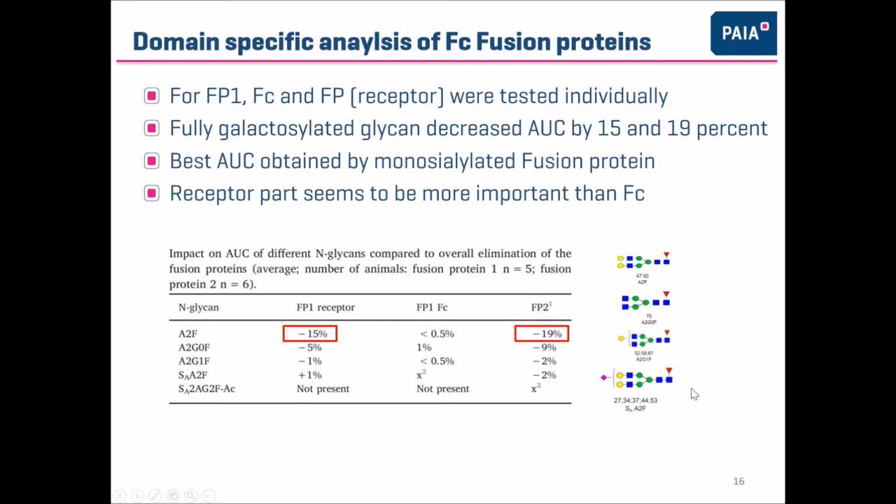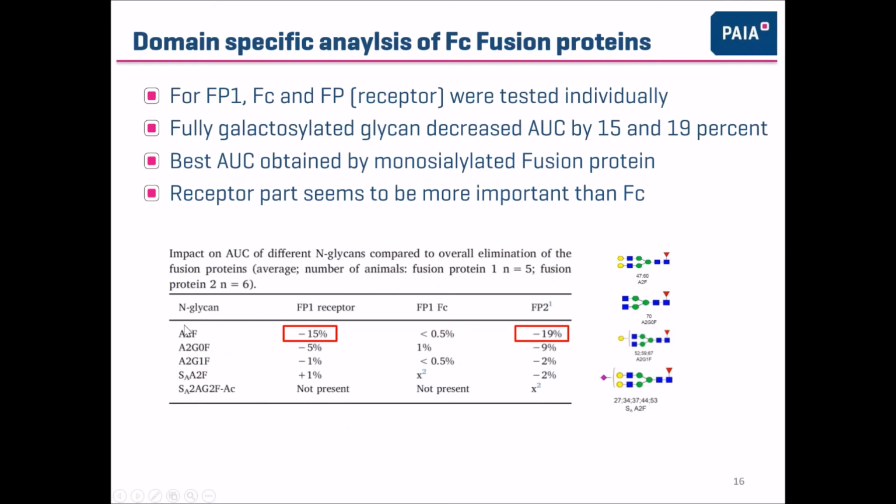So that was the glycan variant that was having the best pharmacokinetic behavior. When you look at the different parts of this fusion protein, the receptor part and the Fc part, you see that if you only look at the Fc part, none of those variants seem to be cleared faster or slower than the other, which is not the case here for the receptor part.